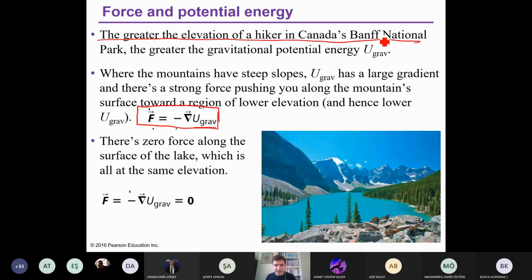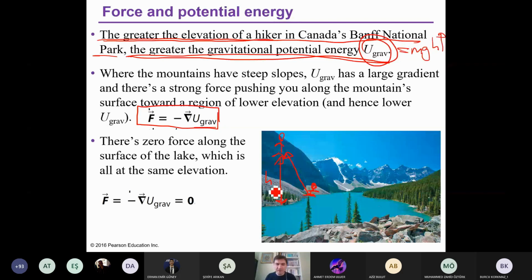So let's consider that one guy is staying here, just nearby the lake, and then he is moving in this direction. Okay, now this is the second position of the guy. So there is a certain height. So the greater the elevation of a hiker, the greater the gravitational potential energy, because it is given with mgh. Okay, if you increase the h, then you can increase the gravitational potential energy.